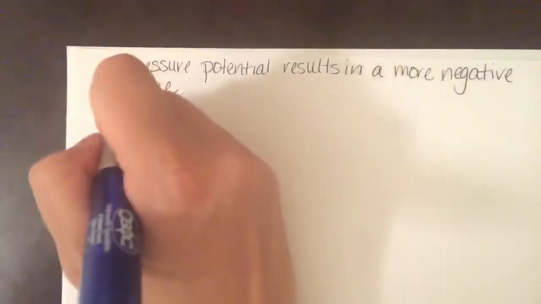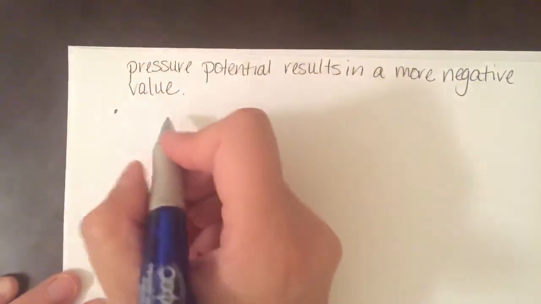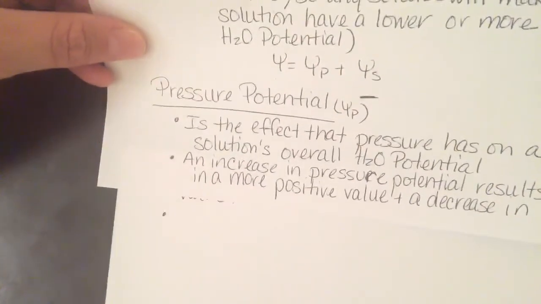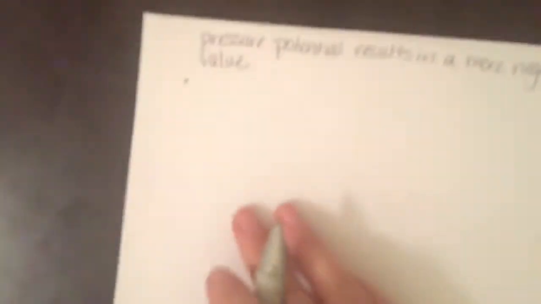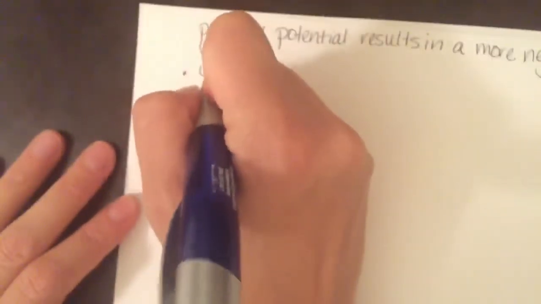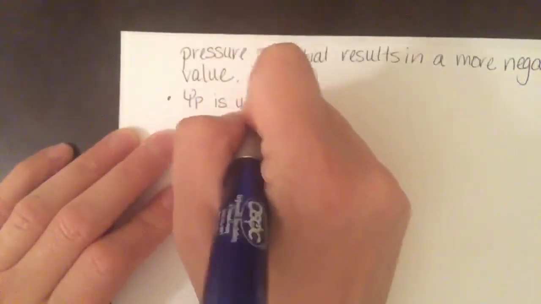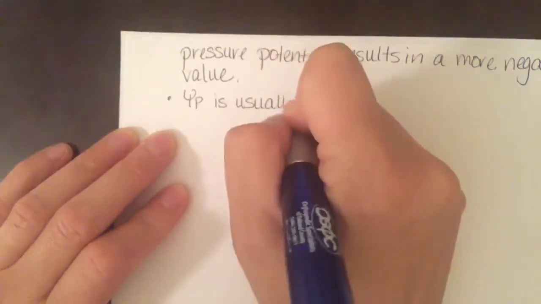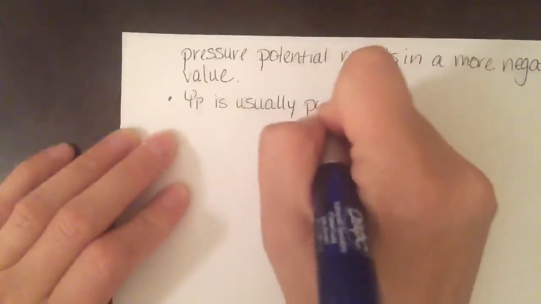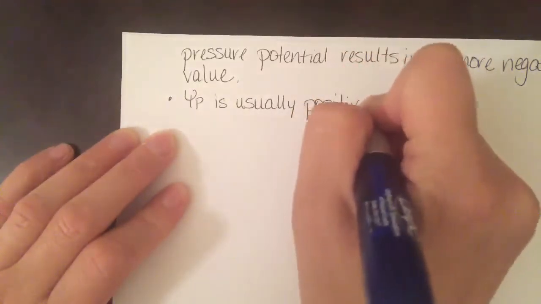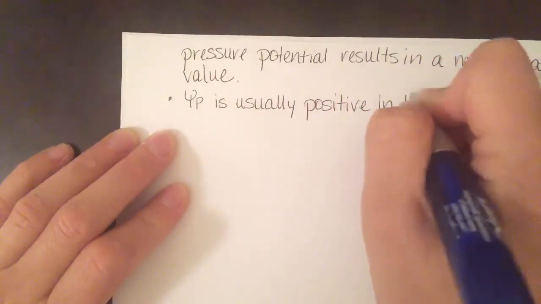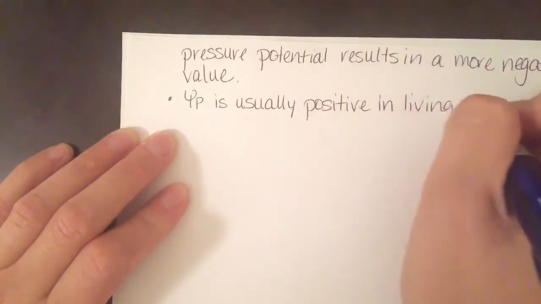So let's continue underneath, because remember we were putting bullets under pressure potential. Pressure potential, psi sub p, is usually positive in living cells, and if there's no pressure, it's zero.